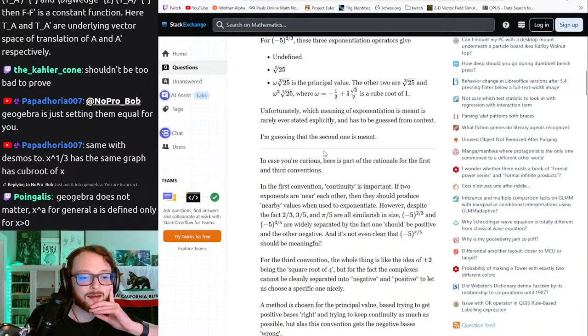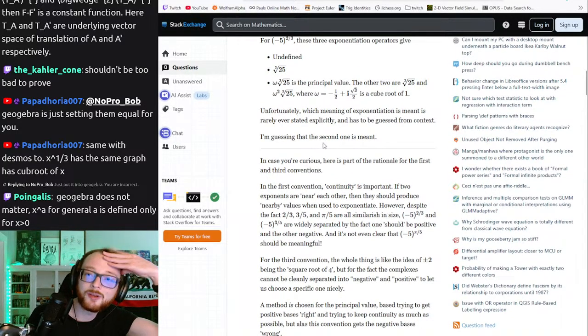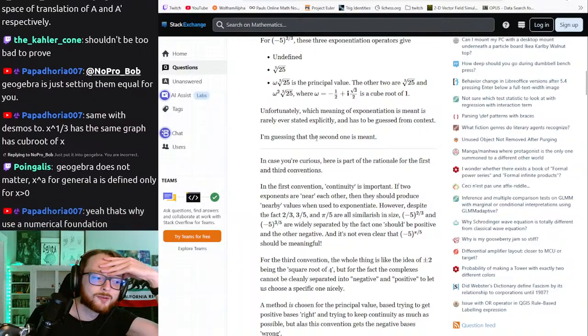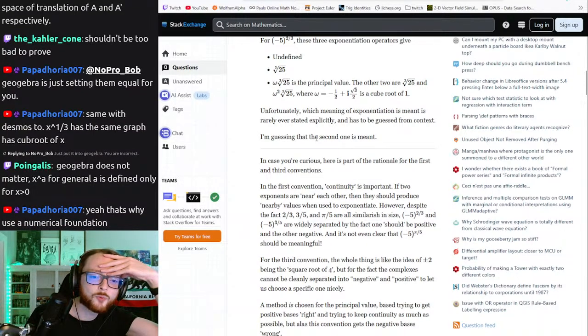Because I've had someone explain to me that there's an issue. I don't completely understand. There is an issue with negative bases, and I've had someone point out a pretty easy to get contradiction for certain bases with certain exponents. I don't remember what it was though. It was too long ago.